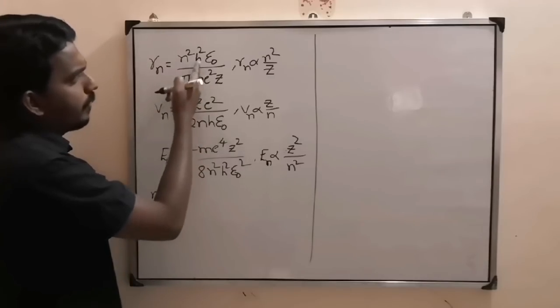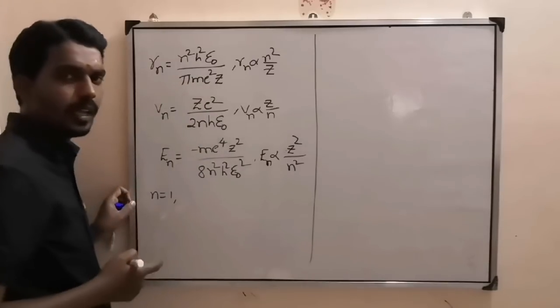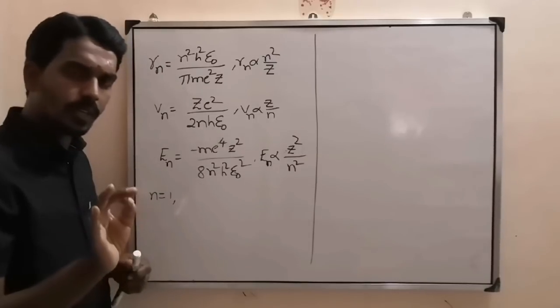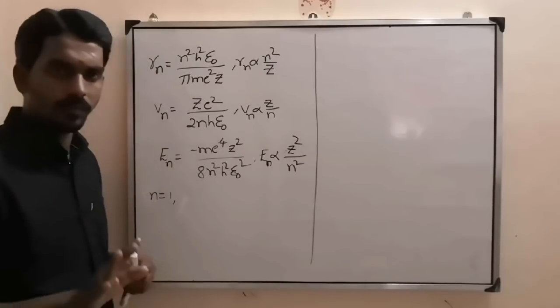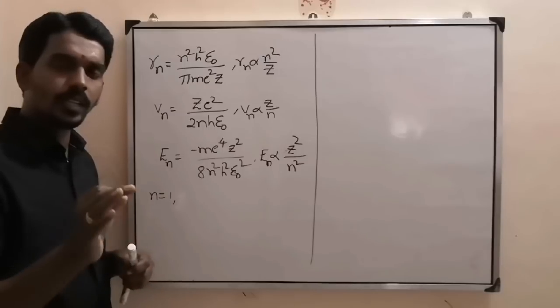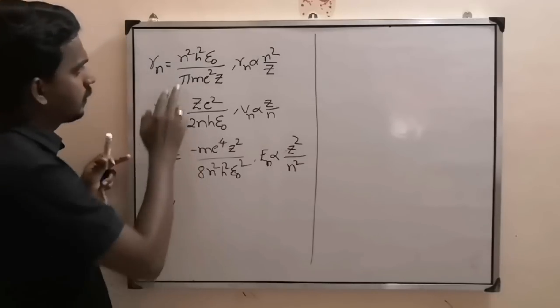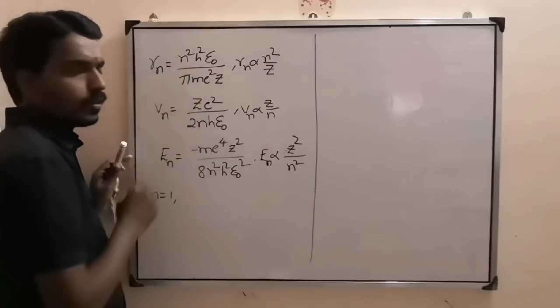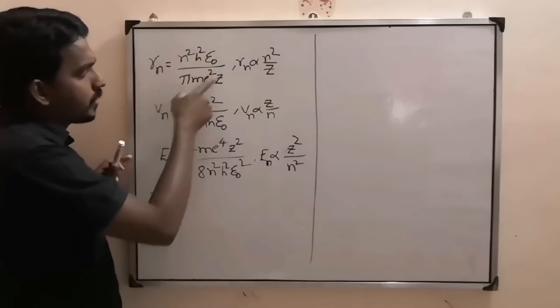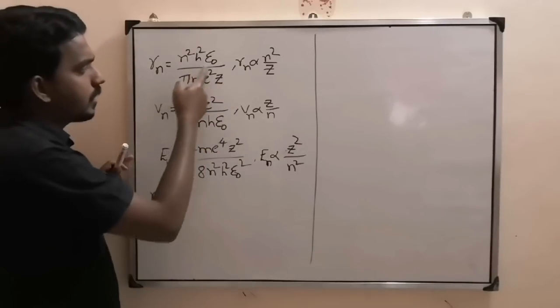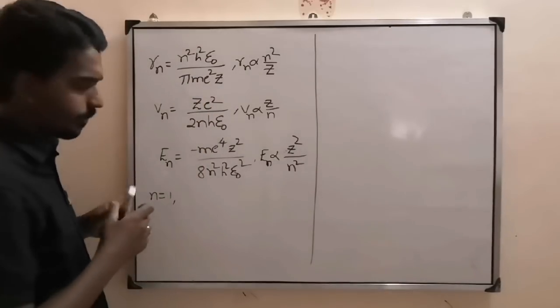Except Z, everything is the same for all the atoms. Please try to understand: for the first orbit of any hydrogen or hydrogen-like atom, only Z is different for different atoms. The rest of the quantities are the same.